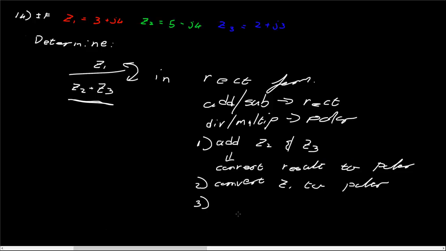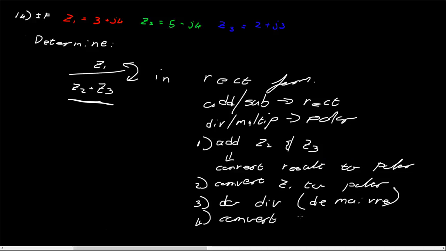Then after that we are going to do the division using De Moivre's theorems. And then step 4 is convert back to rectangular form, because the question asks for your answer in rectangular form. So let's start.